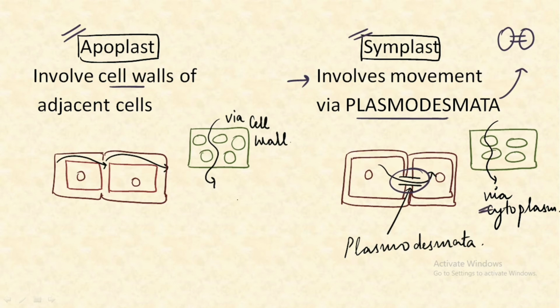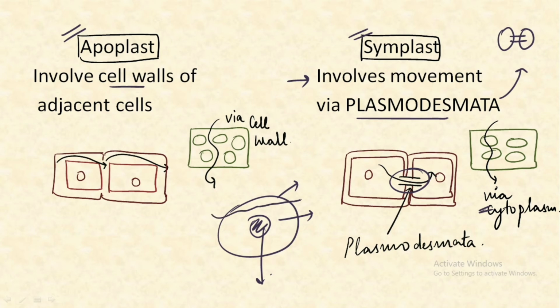And what is cytoplasm? As we all know, a cell has three main components: the cell membrane, the cytoplasm and the nucleus. So in symplast we have transportation via the cytoplasm, and in apoplast we have transportation not in between but via the adjacent cell walls.